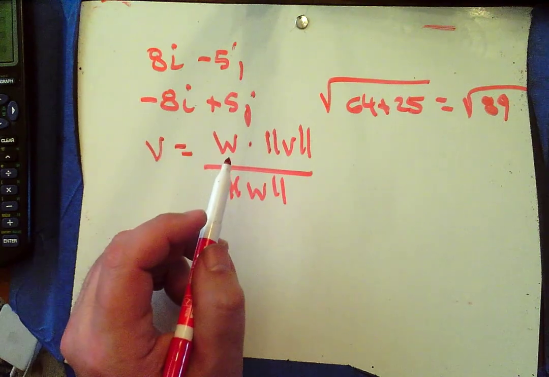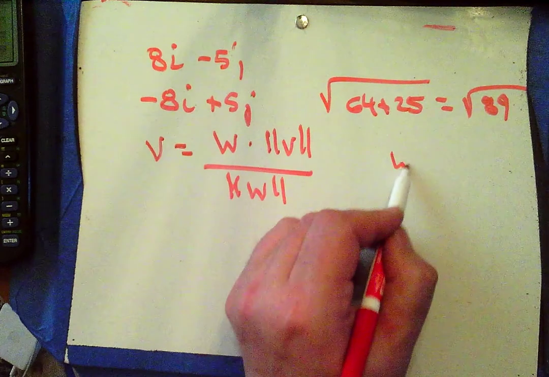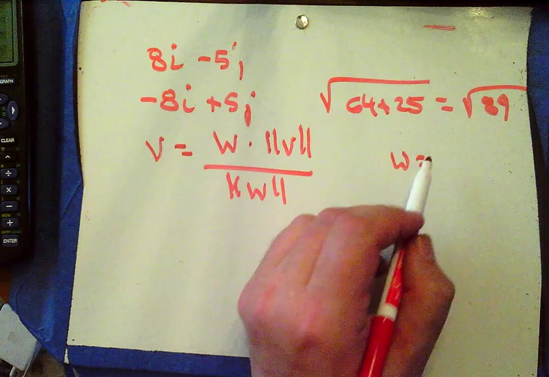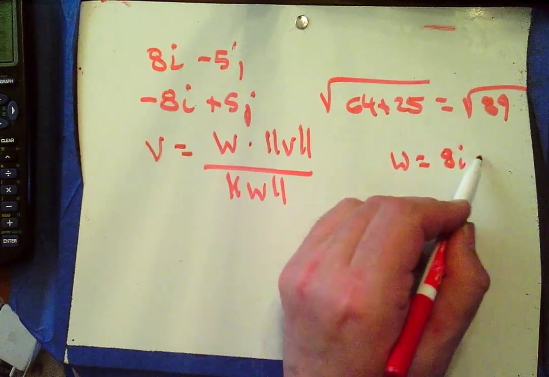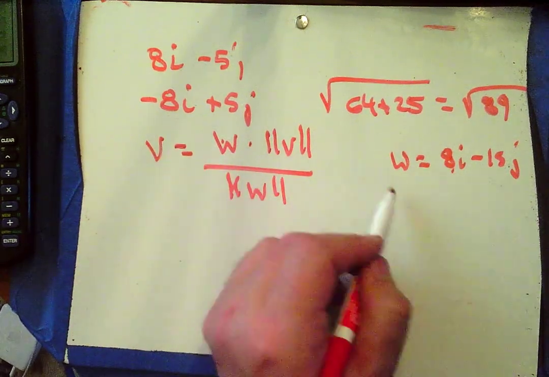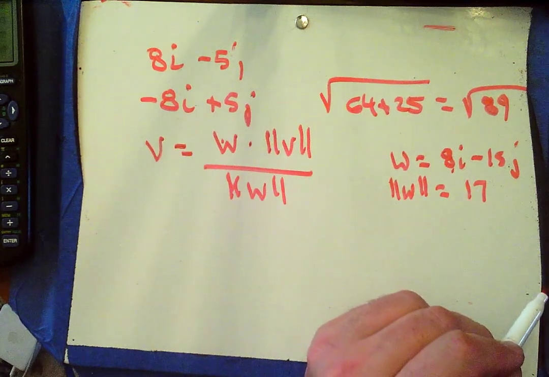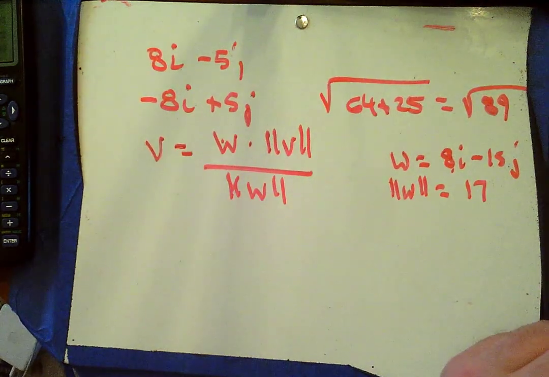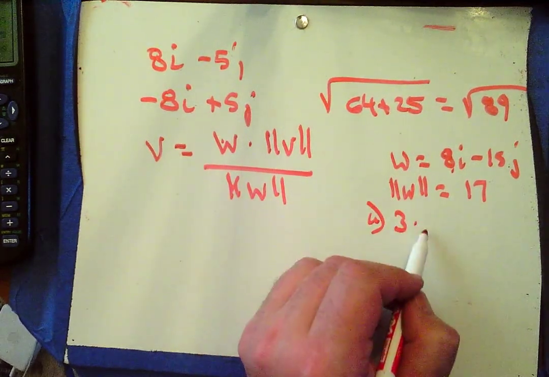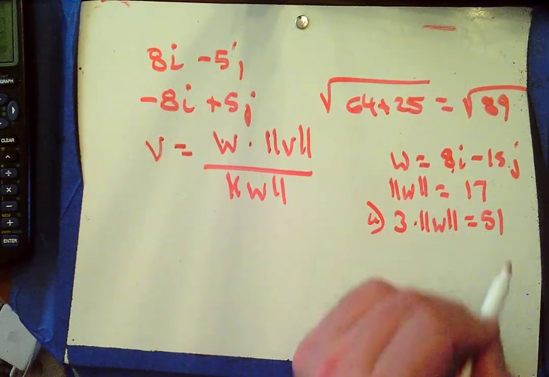So I'm going to say that W equals, oh, opposite direction of W. Well, no, let's just do W. 8i minus 15j. So that's that. And the magnitude of W, we found out, was 17 when we used the Pythagorean theorem. But what does it say? It says in part A that we want 3 times that magnitude, or 51.